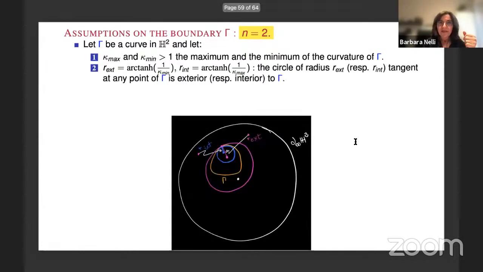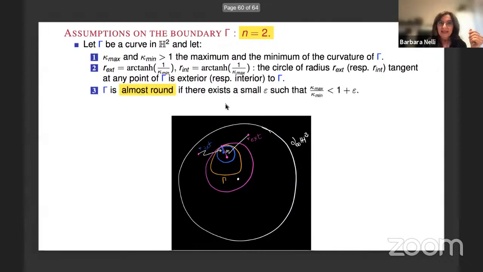Okay. Then, of course, it's straightforward to see in this picture that the circle with the radius R max is outside the curve gamma if you put it tangent to any point of it, and the blue one, the circle with the radius R int, is inside.